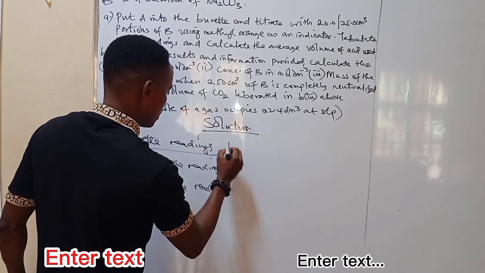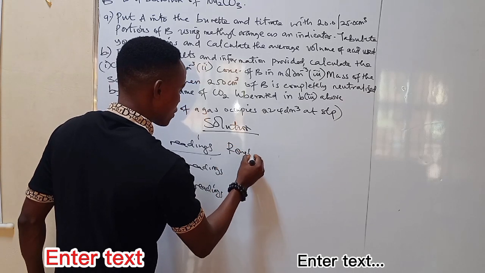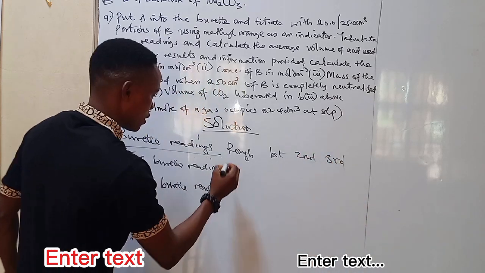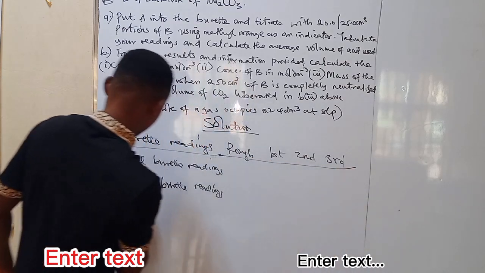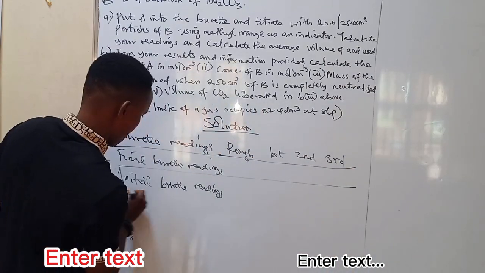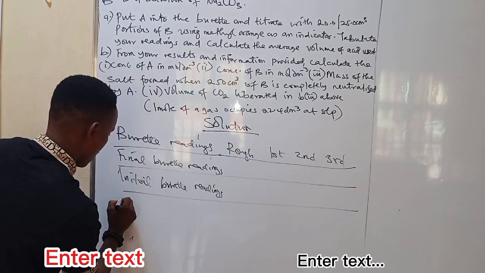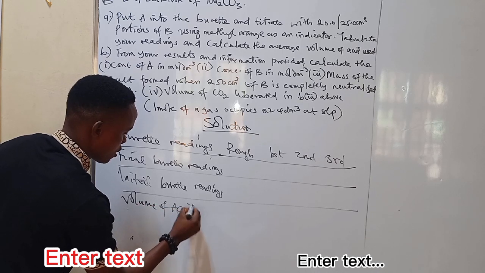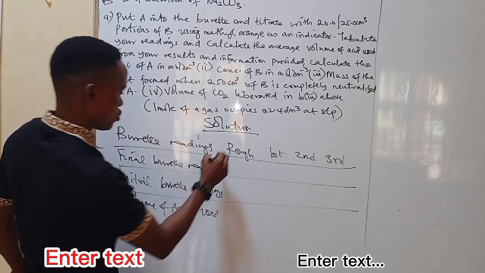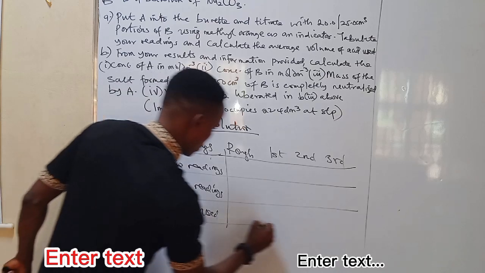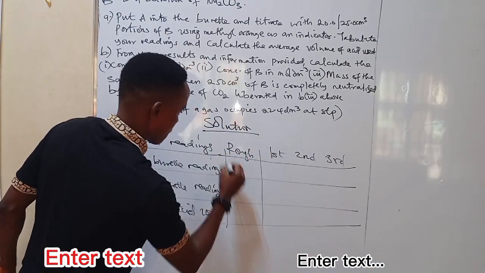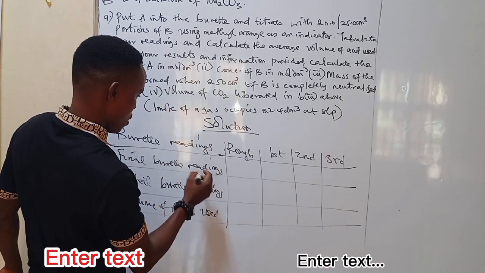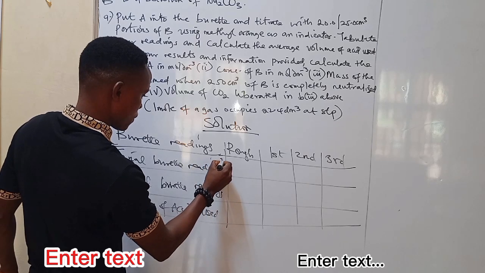Then here we have one, or you can have your rough, your first, second, third. Then you have volume of acid used. Then all this will be in centimeters cube.